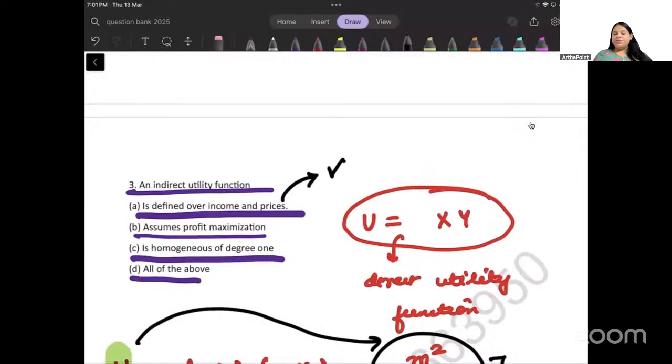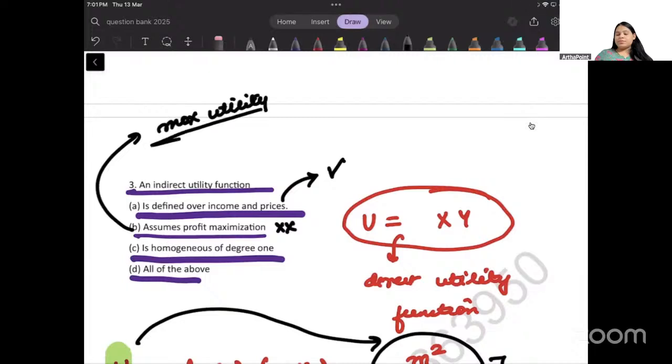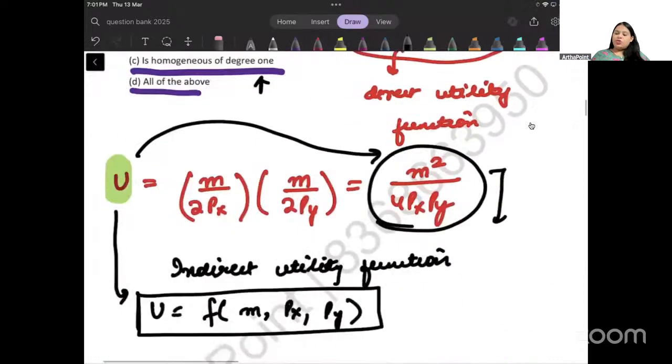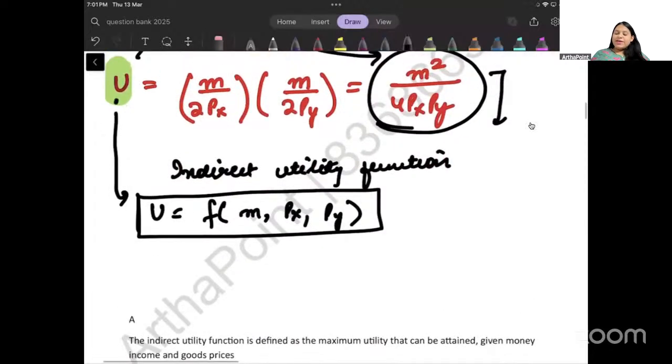अब B देखो. It assumes profit maximization. No. When we are finding indirect utility function, we are maximizing utility, या फिर we are minimizing expenditure. So there is nothing related to profit. तो ये गलत है. Is homogeneous of degree 1. देखो, if I find homogeneity, degree of homogeneity, तो कैसे निकाल सकते हैं?